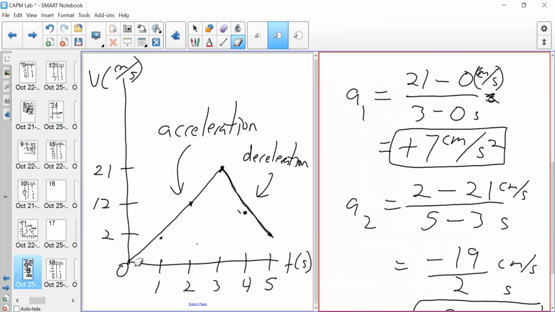You have to determine what time interval the acceleration was positive and what time interval it was negative. Positive slope, positive acceleration, negative slope, negative acceleration. Pay attention to the patterns. They come back over and over.